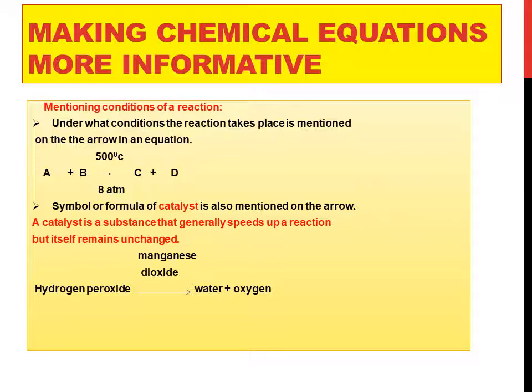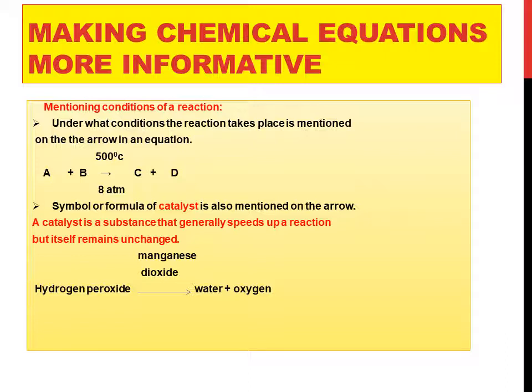First is mentioning the conditions of a reaction. What do we mean by that? Under what condition the reaction takes place is mentioned on the arrow in a chemical equation. Is that clear? So under what condition your reaction is taking place, that we can mention on the arrow of the chemical equation.